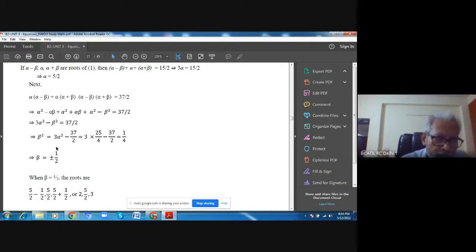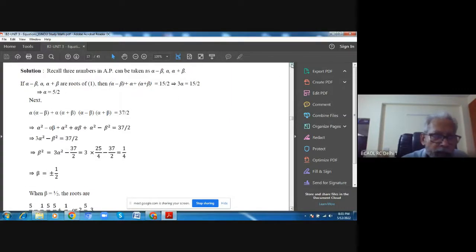Now beta is also achieved. So straight away, in the AP form which we have already considered, alpha minus beta is 5 by 2 minus 1 by 2. Then alpha, the 5 by 2 value, and then alpha plus beta.